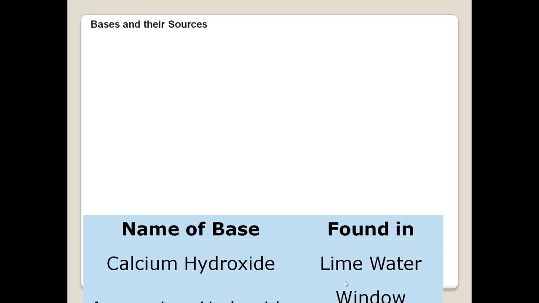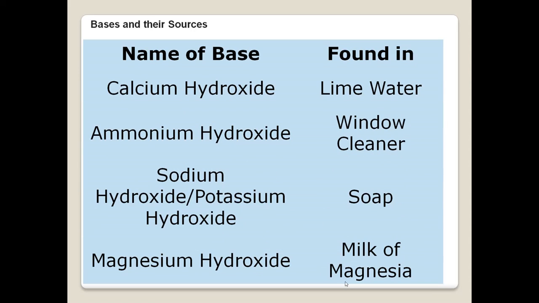Now let us learn about bases and their sources. Just now we have seen the image of substances or materials that contain bases and that we use in our daily life. Now let us look at some of the names of the bases and the substances in which they are found.